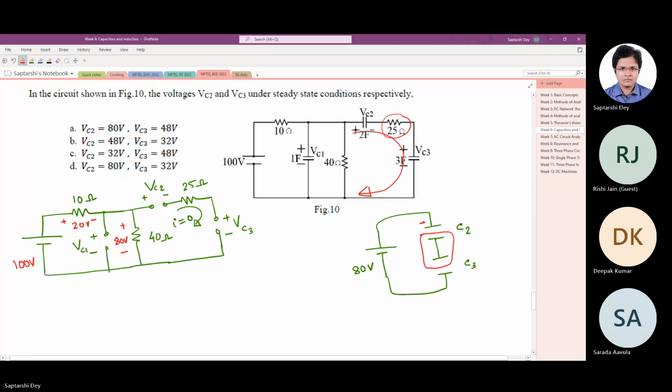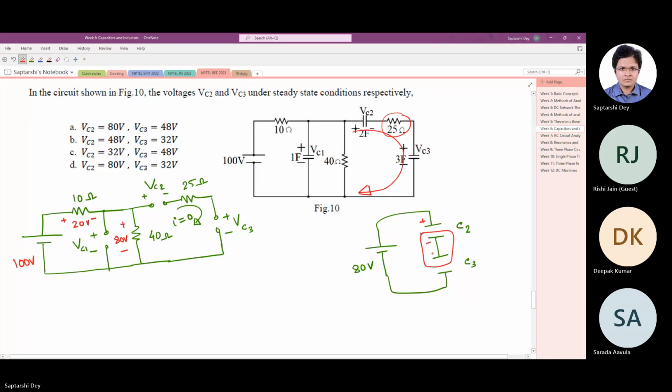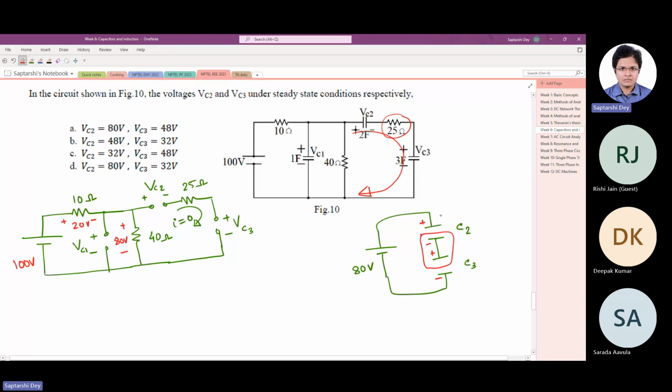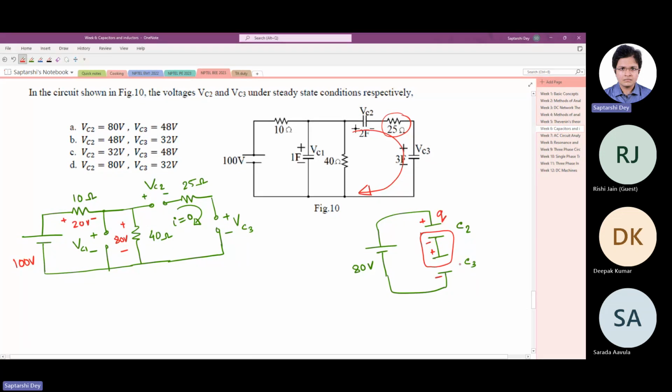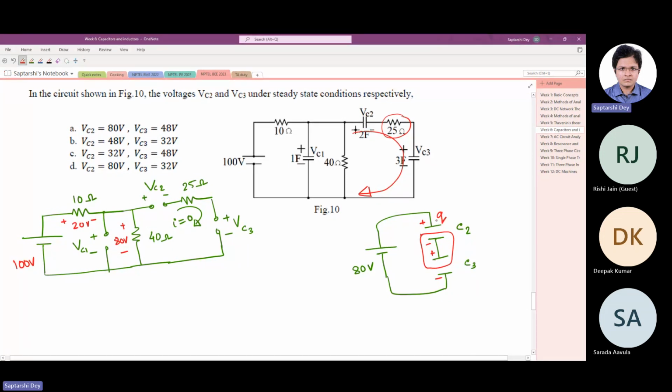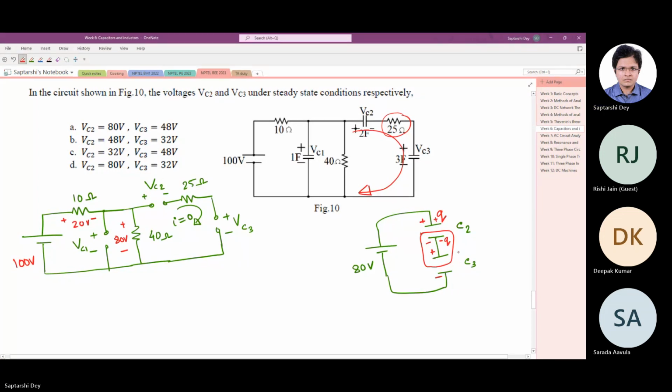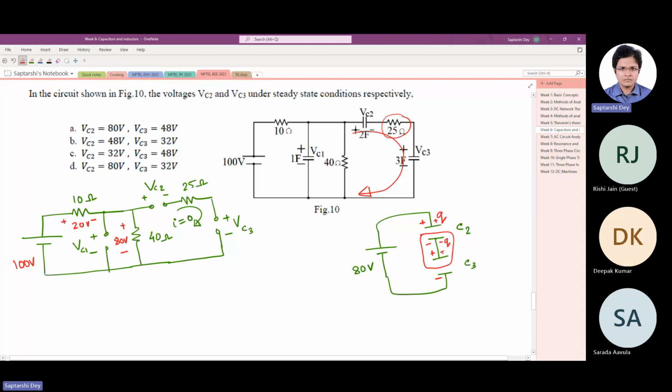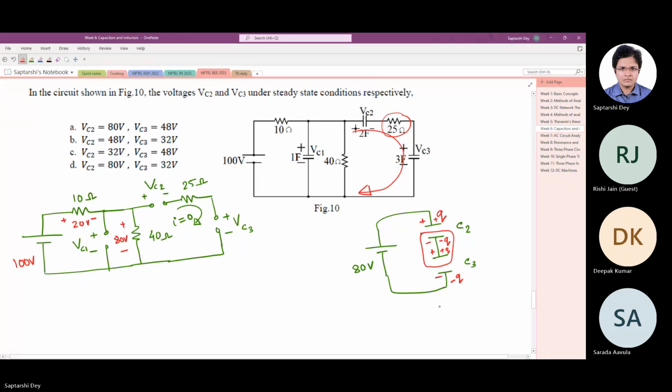So if the capacitor C2 is holding a charge of Q, means plus Q here and minus Q here, C3 should also hold a charge of Q. This is charge conservation, the law of charge conservation. So that in the red box, the isolated system has still 0 charge in it.